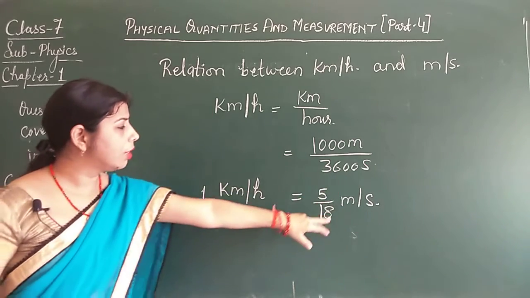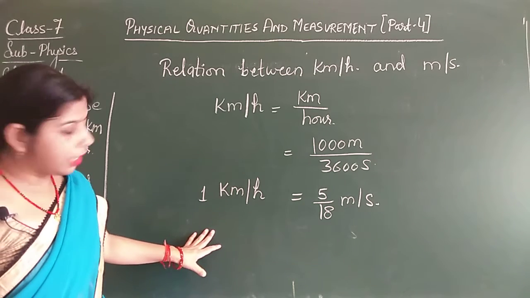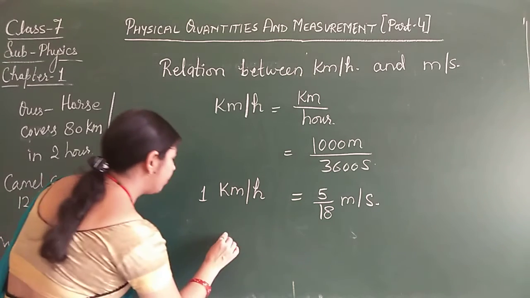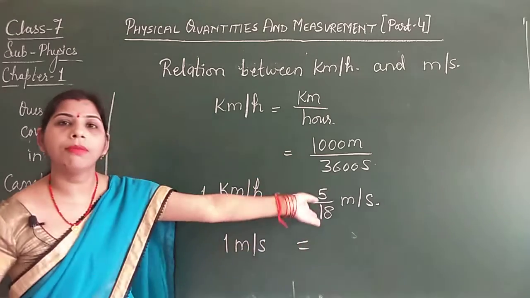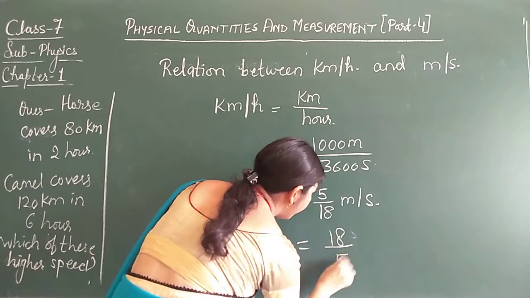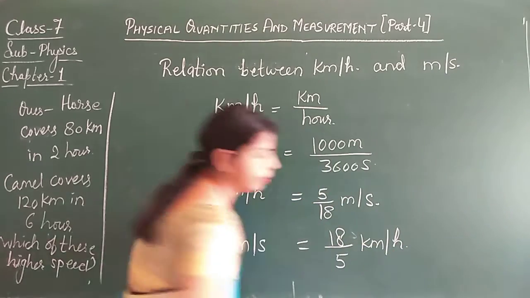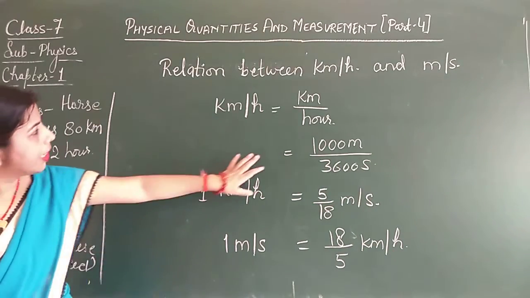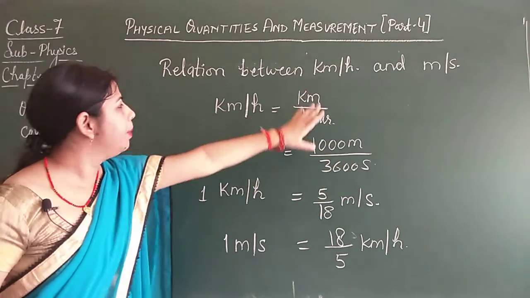Now if we want to convert 1 meter per second into kilometer per hour, it will be the opposite: 18 by 5 kilometer per hour. So this is the relation between kilometer per hour and meter per second.